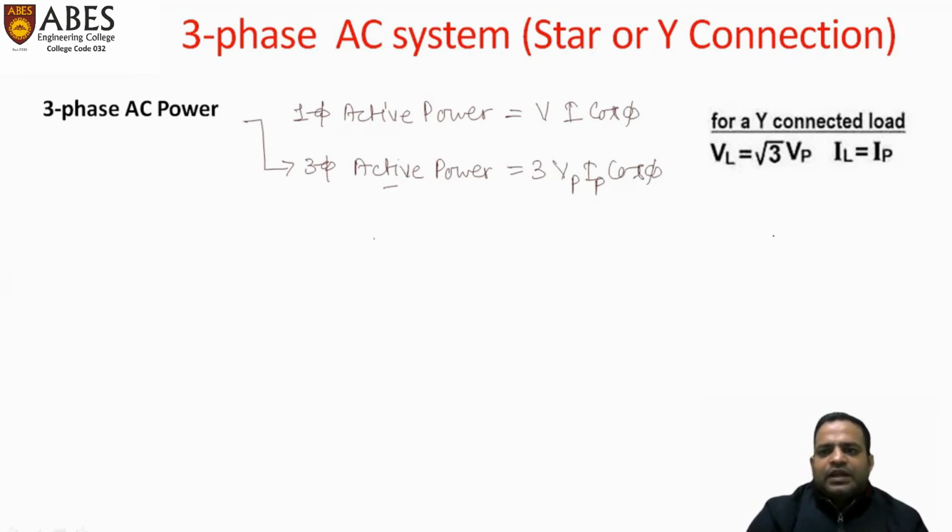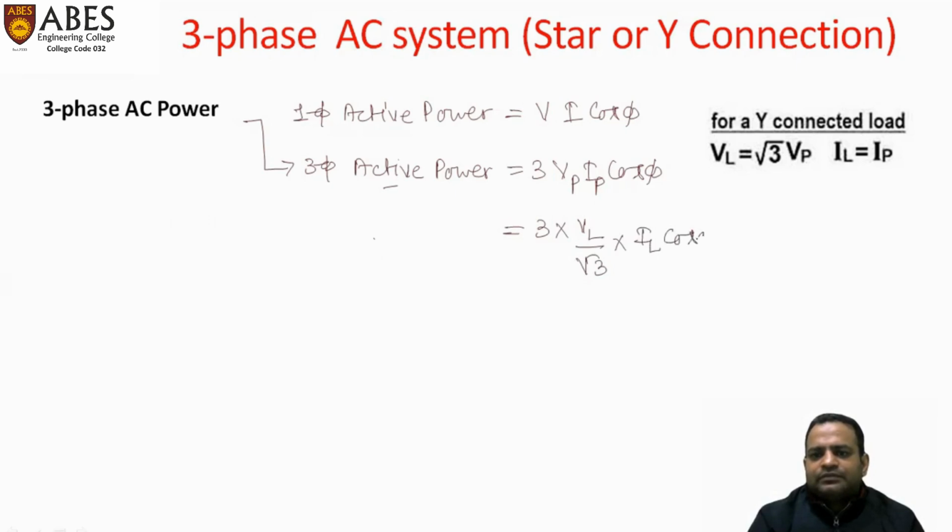And we know that VL is equal to root 3 times Vp, so put the value of Vp, which is VL upon root 3. And the values of IP and IL are both equal.